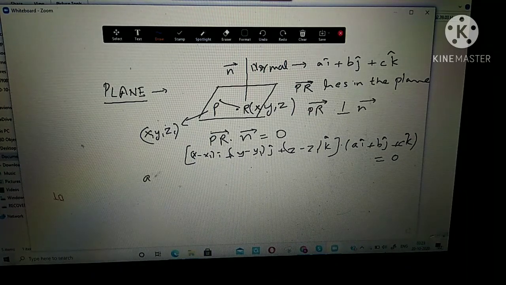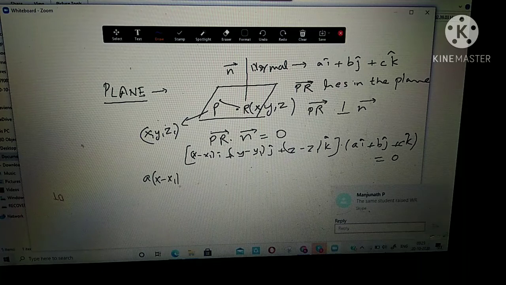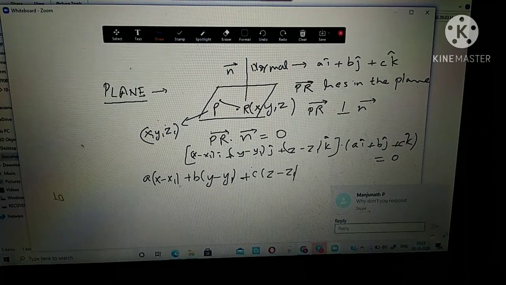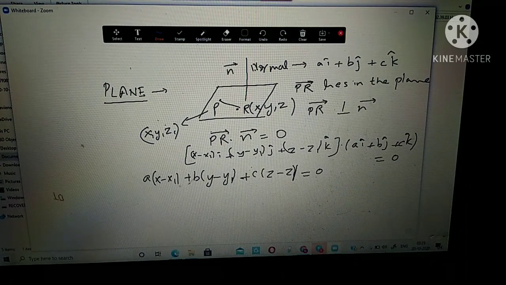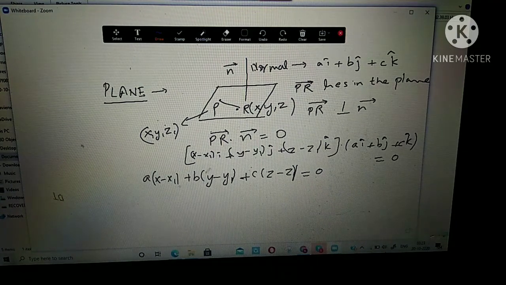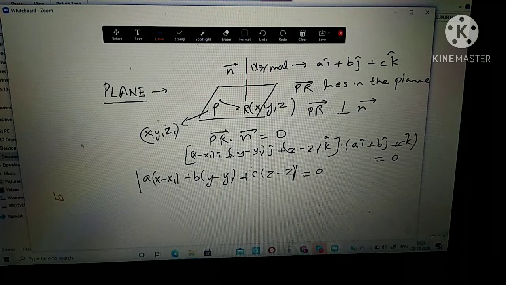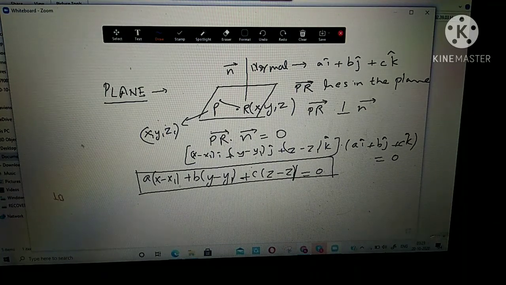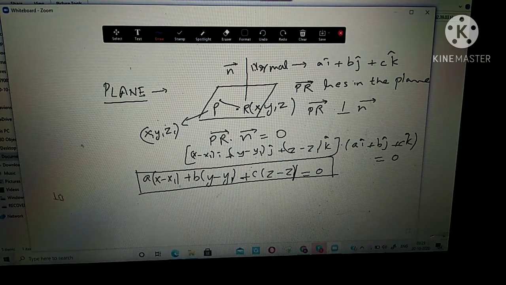Therefore the equation of the plane will be a into x minus x1 plus b into y minus y1 plus c into z minus z1 is equal to 0. This is the equation of the plane.